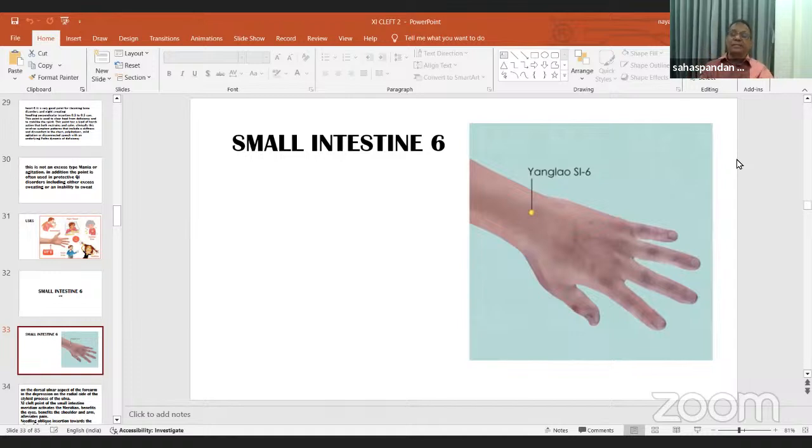It benefits the eyes, and this activates the small intestine meridian.